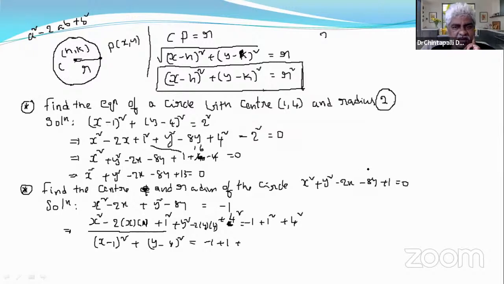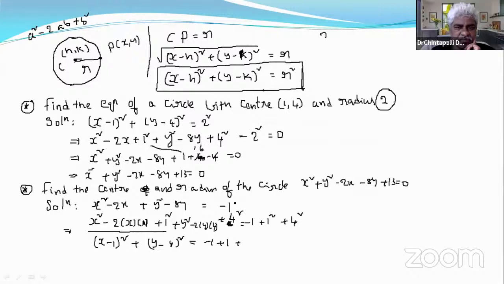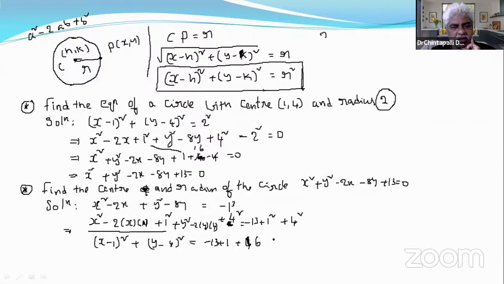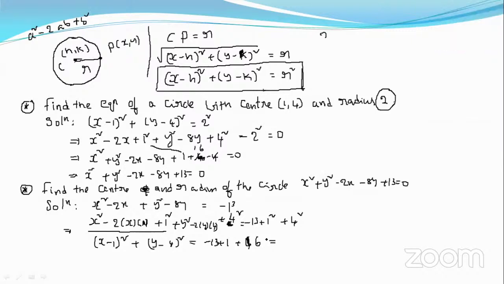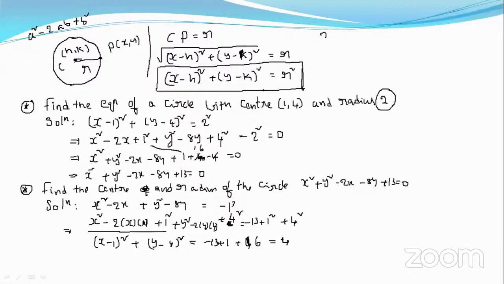So minus 13 plus 1 plus 16. Minus 13 plus 1 is minus 12, minus 12 plus 16 is 4. Sorry, 4.